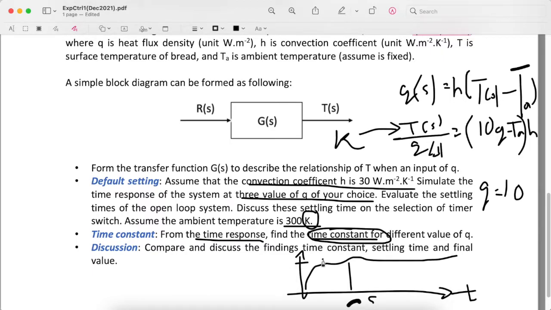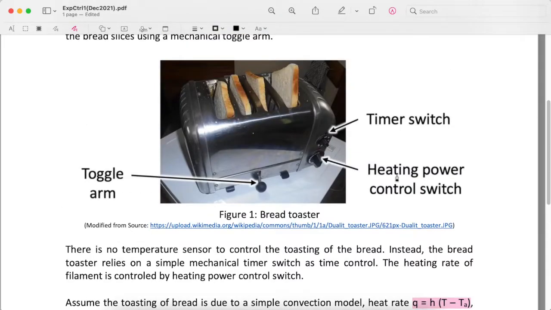Whether this value will settle or actually continue to grow, I don't know. So find the final value as well. Then you may check whether this final value is a proper one or not for toasting.